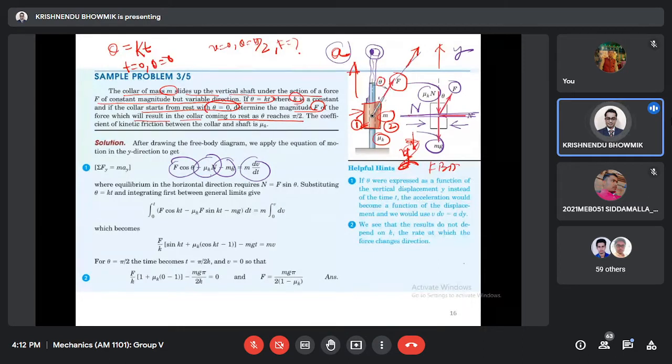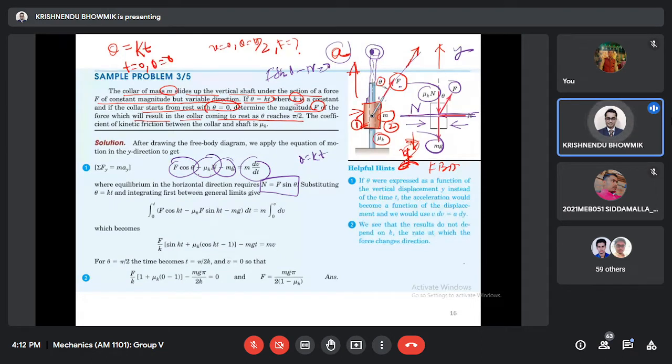Now if somebody wants to calculate along the x directions, then you have F sin theta minus N equal to 0, or N equal to F sin theta. Now it is told that theta equal to kt.